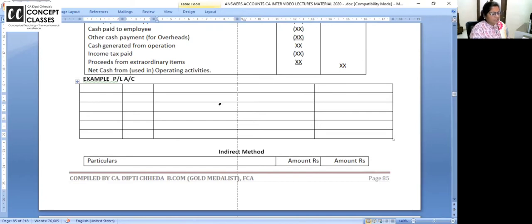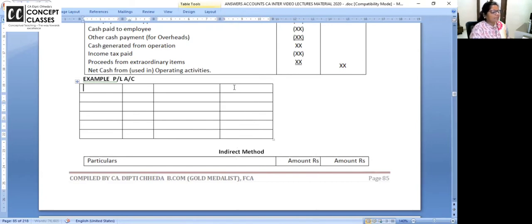In your notebooks, make this P&L account as I am making. I am starting with GP, say 50 rupees. It's a concept, so I'm taking very small rupees. Let the crores and all be for the TV series. The crore reminds me of one thing for this chapter.